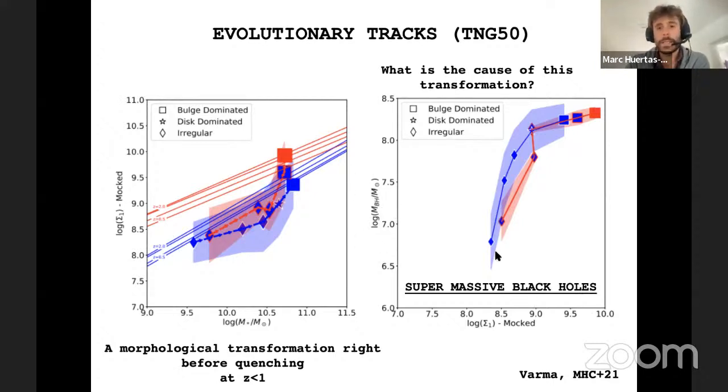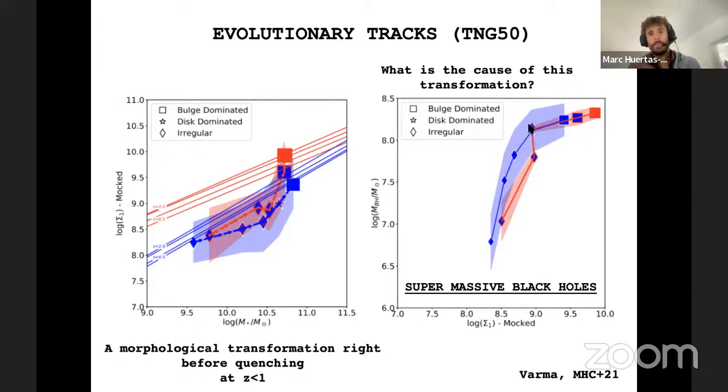You can see that in the TNG simulation you have two different regimes. When you are an irregular galaxy, you increase your central density a little bit, but not that much. What's growing very quickly is your black hole. So the black hole is accreting fast, and you remain an irregular galaxy.